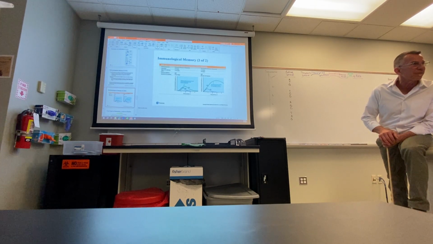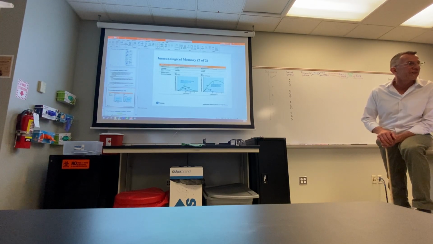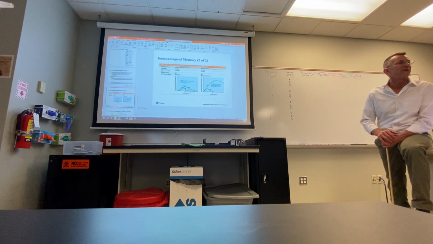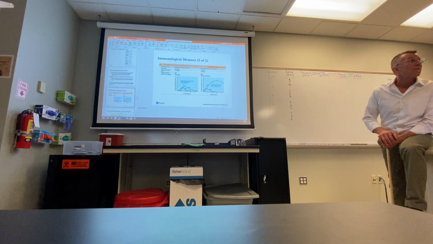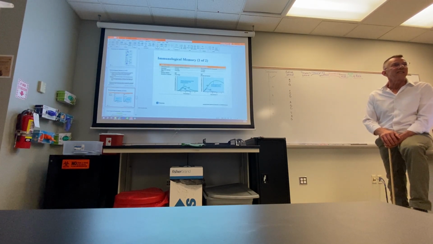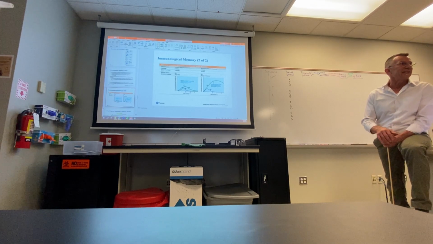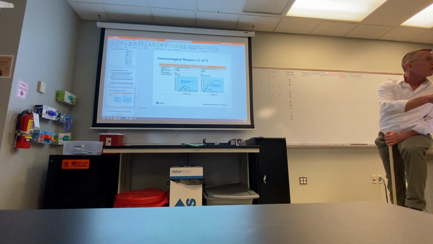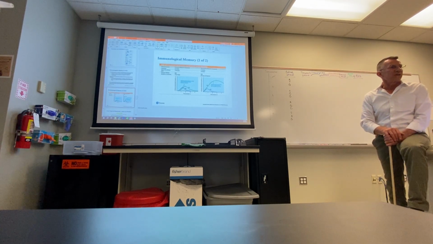Passive is given to us. It is given to you. You do not make the antibodies yourself, therefore you will not come out of it with memory cells. Active antibody immunity is when you make the antibody yourself.